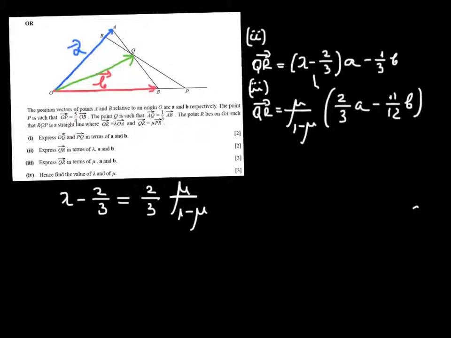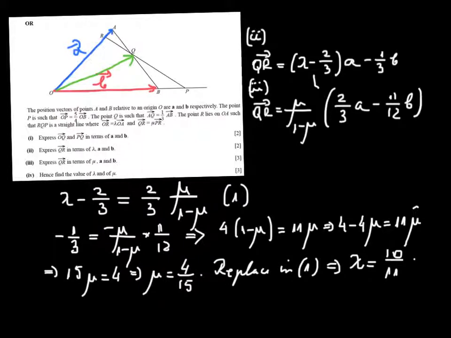And the second equation comes from the coefficients of B: mu over 1 minus mu times minus 11/12. As you can see, the last equation is easier to solve because it has a single unknown. So the first equation reduces to a linear one, and you get mu equals 4/15. You replace in the first equation, replace mu and find lambda. We get lambda equals 11/10.